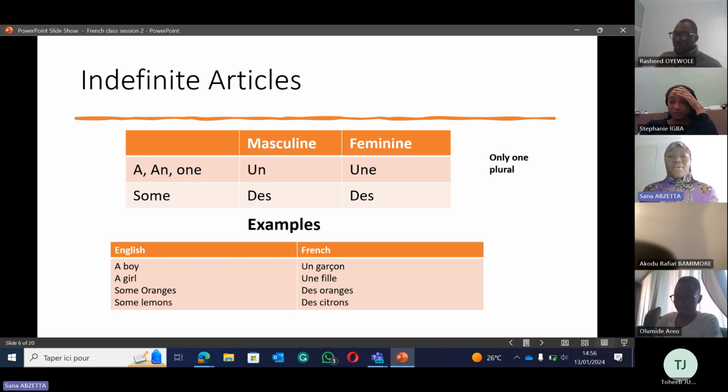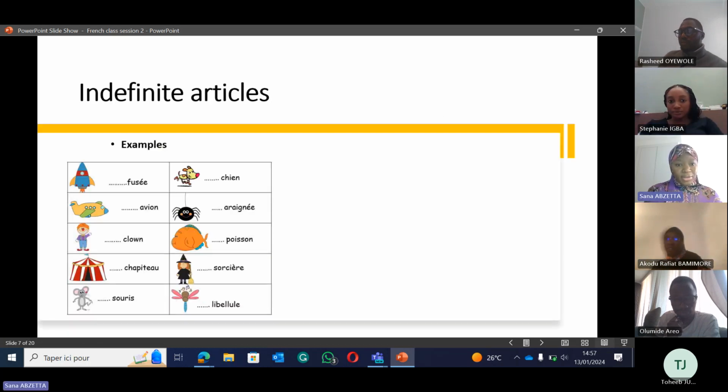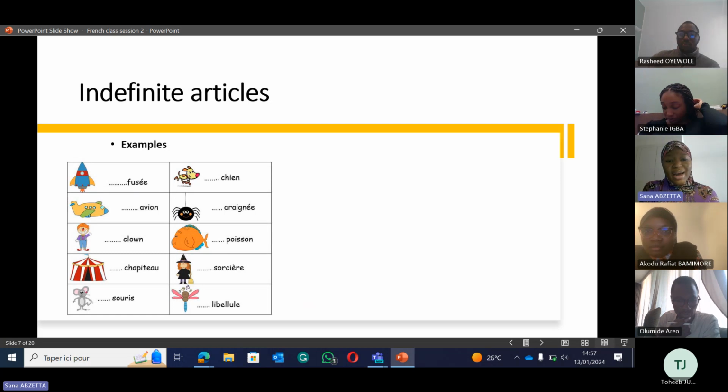So I was telling the others that there is really no rule to know beforehand if a word is feminine or masculine. You have to know it by practice; talking and reading, you will get familiar with the word gender. But there are some little tips that you can use. For example, if the last letter of the word is E, like fusée, araignée, sorcière, libellule, these words are feminine because there is an E at the end.